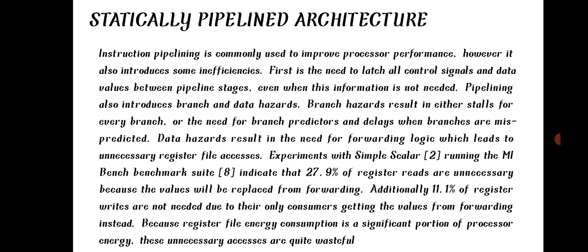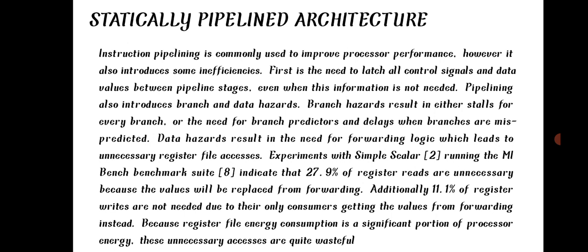Statically pipelined architecture. Pipelining is commonly used to improve processor performance. However, it also introduces some inefficiencies. First, there is a need to latch all the control signals and data values between pipeline stages, even when this information is not needed.